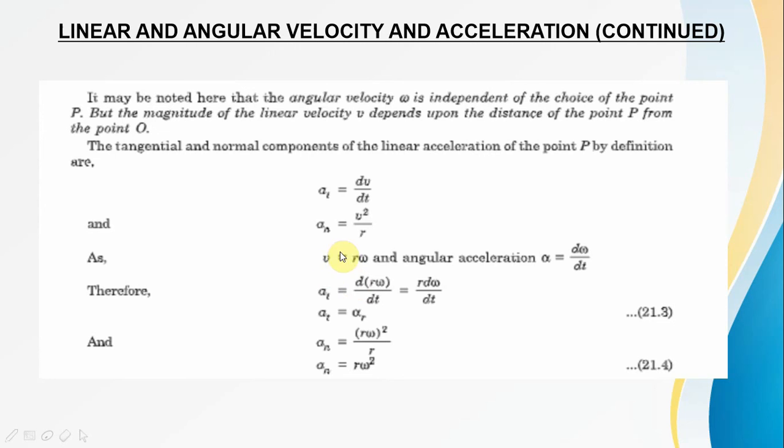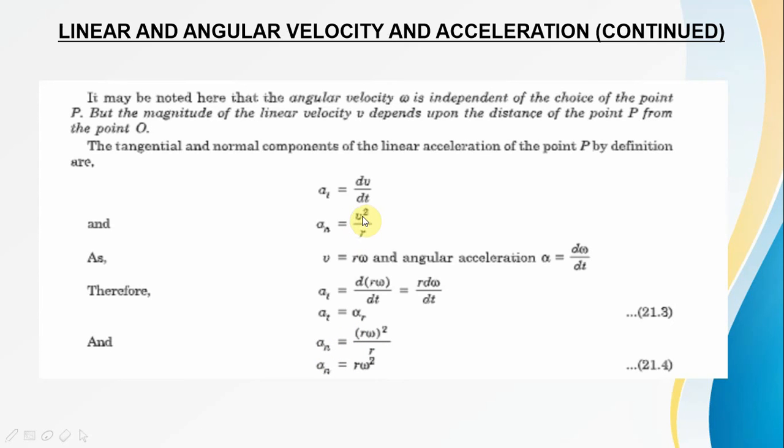So when we put this, we get at equal to r d omega by dt, which is equal to alpha into r. D omega by dt is alpha, and r is here. So basically tangential acceleration is equal to alpha into r, right? This r is wrongly written. This is actually alpha into r. And another formula, an equal to v square by r, we have said.